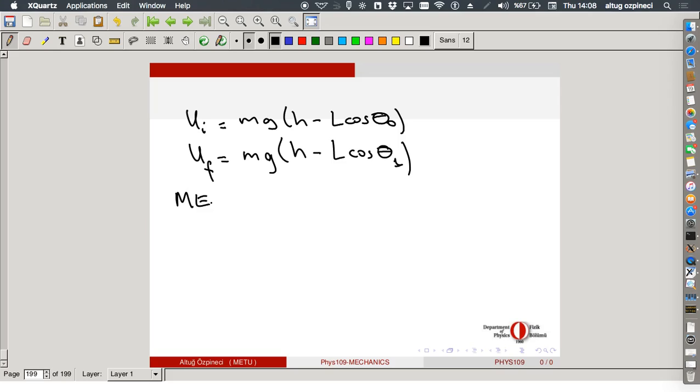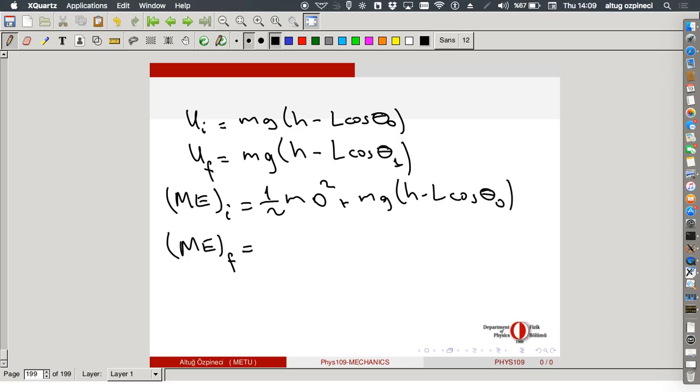So the initial mechanical energy of the system: what is its initial kinetic energy? I started from here, I was holding it, it was not moving. So its initial speed is 0, so the initial kinetic energy is 0. So it is 1 over 2 m v0 squared plus mg times H minus L cosine theta 0.